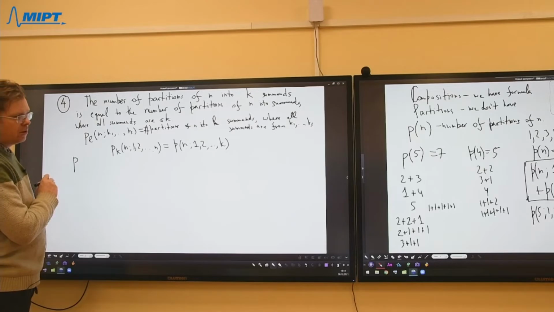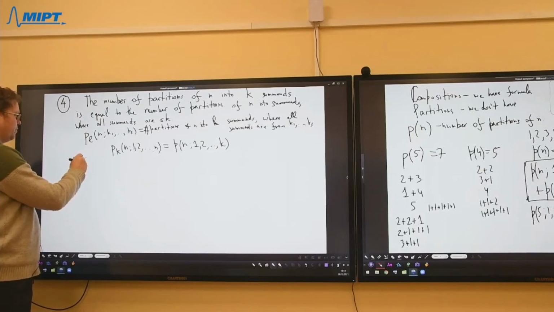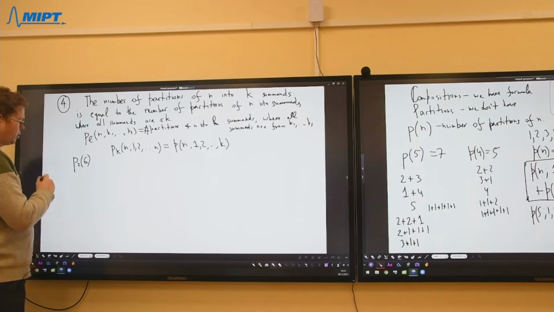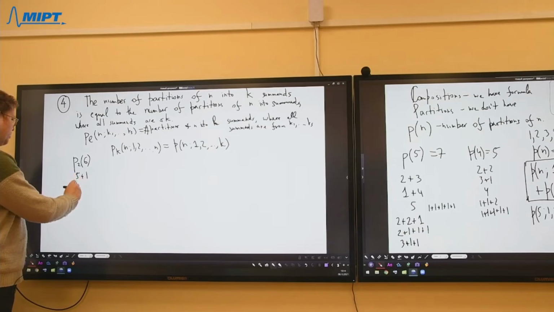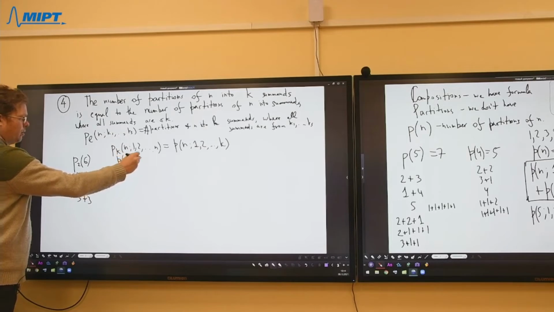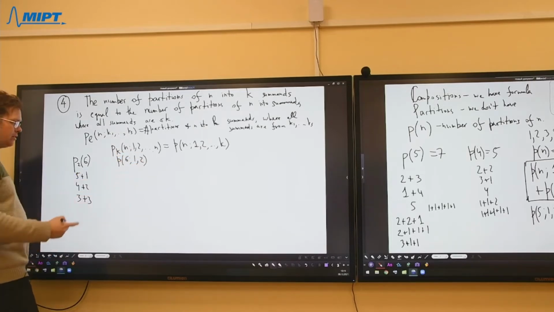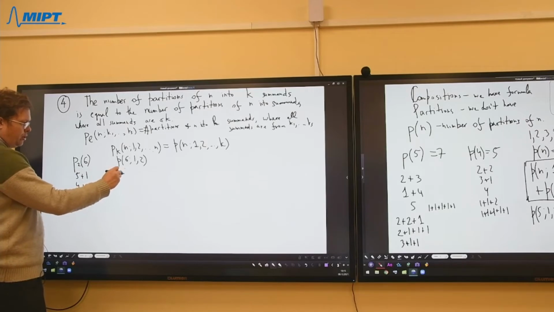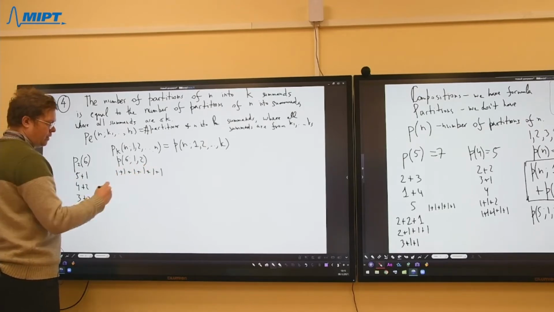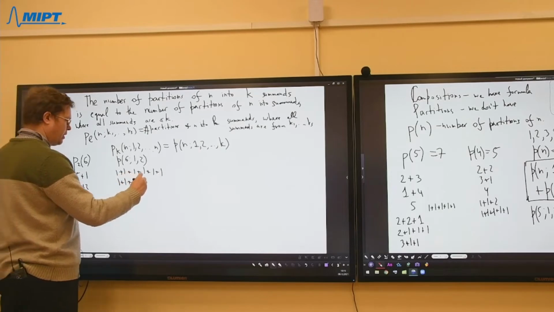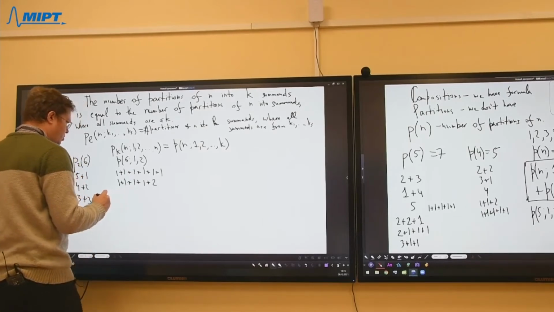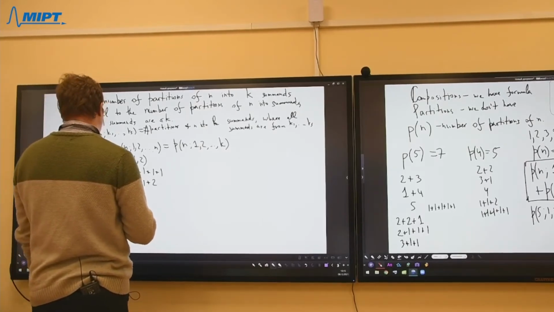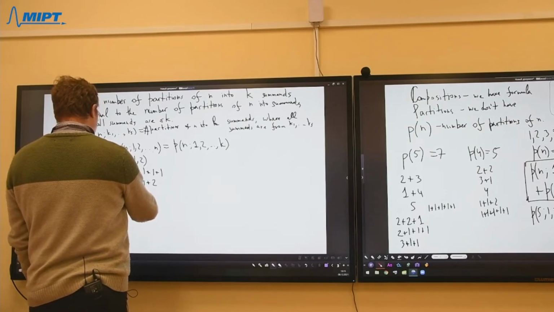So for example, if we take two summands of 6, I need to represent 6 as two summands, which is 5 plus 1, 4 plus 2, and 3 plus 3. Or I can look at all possible partitions of 6 into the summands 1 and 2, which is a sum of 6 ones, or I can have 1, 2, yeah, I wrote this because I need to check my statement.